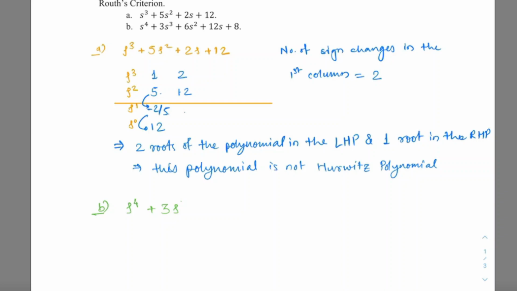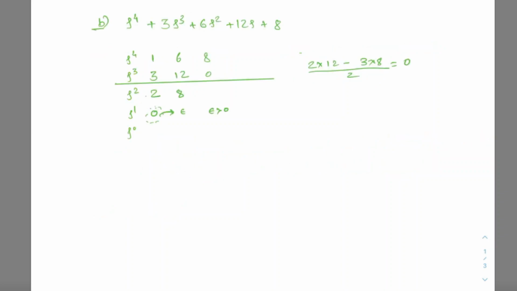Since this term would go into the denominator when we calculate the next term, we cannot divide by 0. So let us replace this 0 with some small number epsilon, which is greater than 0. So this becomes epsilon into 8 divided by epsilon, which is 8.